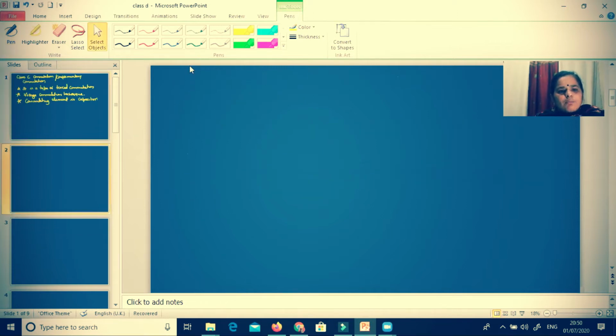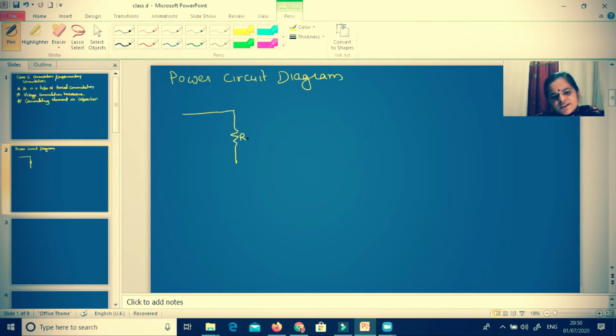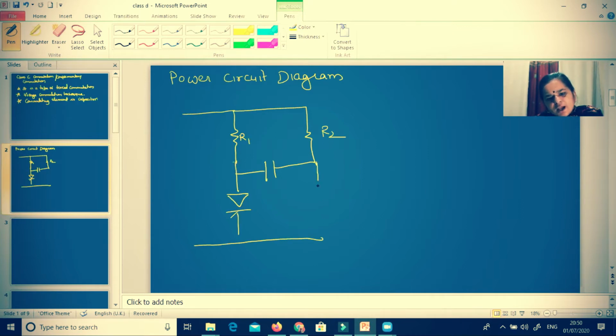Now let us talk about its power circuit diagram, or you can say the topology of class C commutation. There is a resistance R1, a resistance R2, and here we connect one capacitor. Here there is thyristor 1 or SCR1, and this is SCR2.